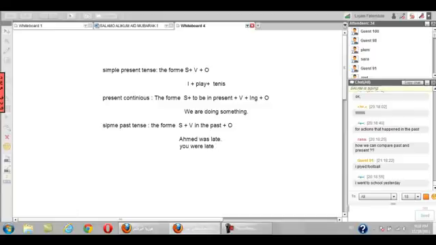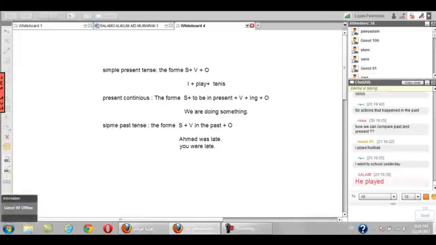Okay, we have simple past tense. The form must be subject plus verb in the past plus objects, and this is an example.